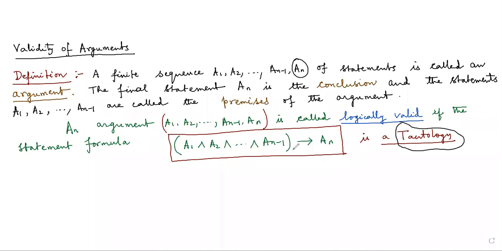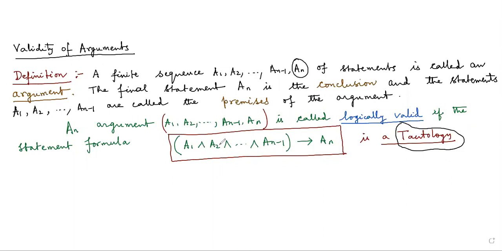So if we have a set of arguments A1 up to AN, in which the n minus 1 arguments are premises and AN is the conclusion, then if the conjunction of all these n minus 1 arguments implies the logical conclusion, that set of arguments A1 up to AN will be called logically valid if we can show that the truth table of this is a tautology.